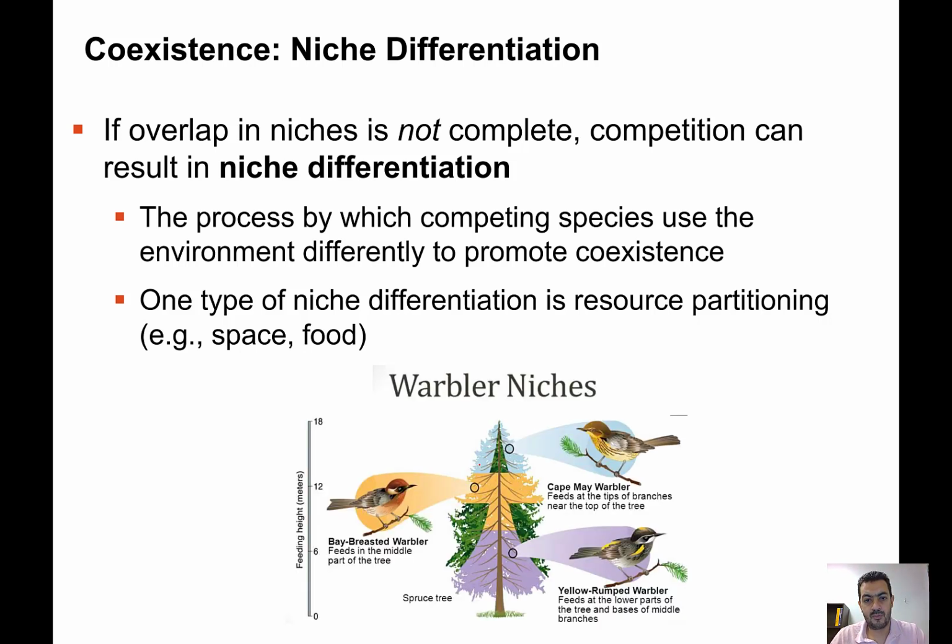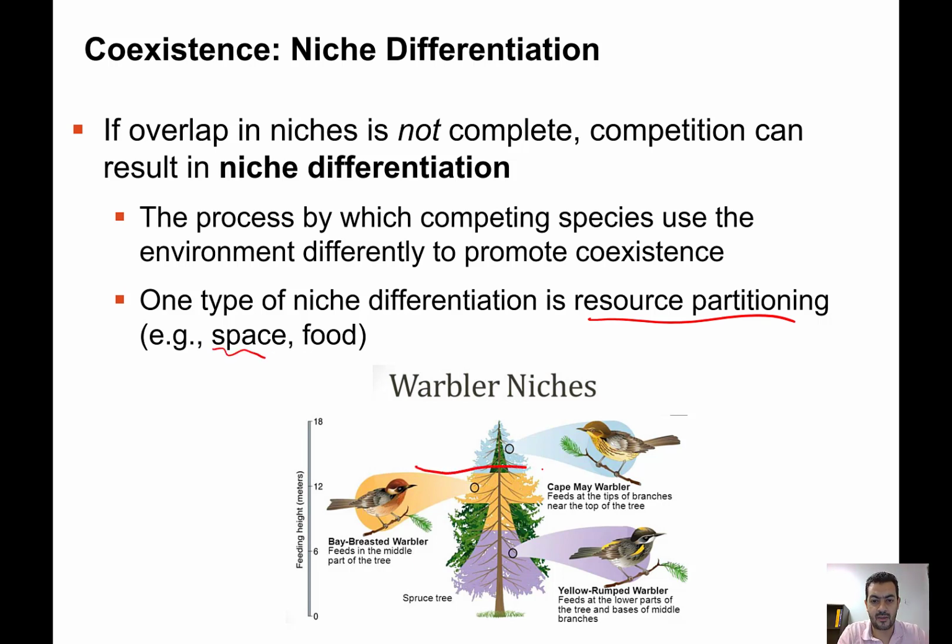One example that we can mention is about the warbler niches. So these three warblers are using the same niches. In order to coexist, they will do resource partitioning, but in this case we are partitioning the space.